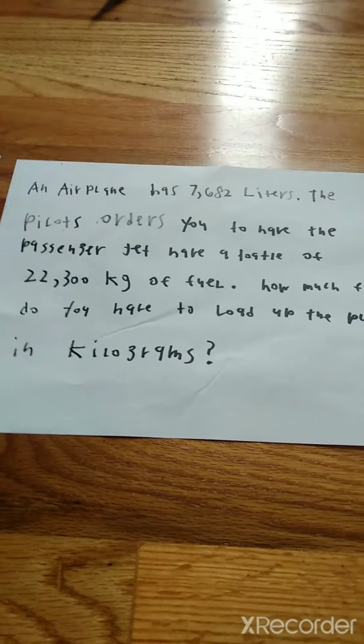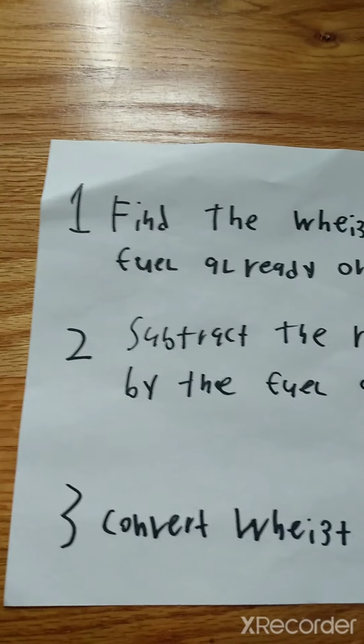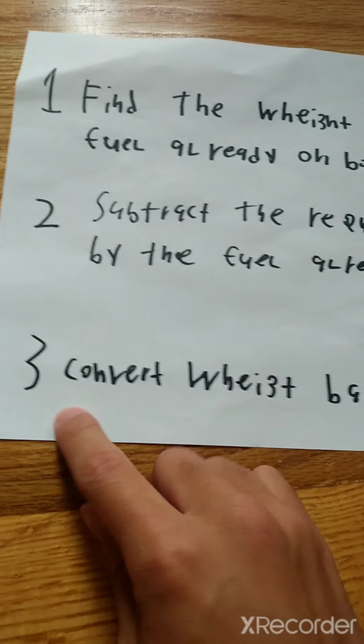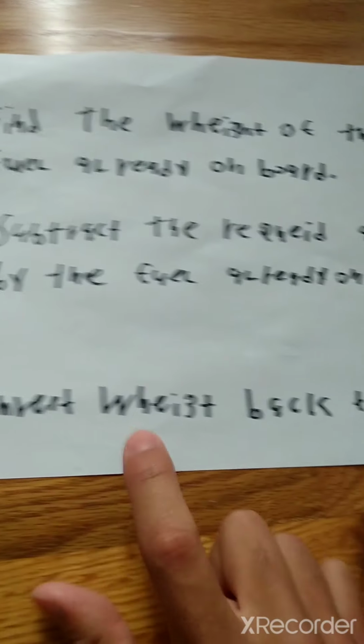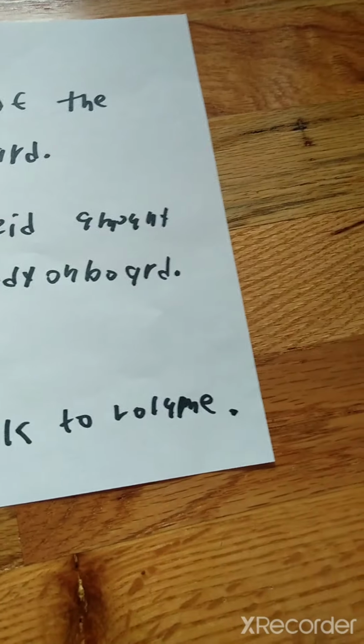There is a 3-step process to solving this problem. The first step is find the weight of the fuel already on board. The second step is subtract the required amount of fuel by the fuel already on board. Then the third and last step is convert the weight of the fuel back to the volume.